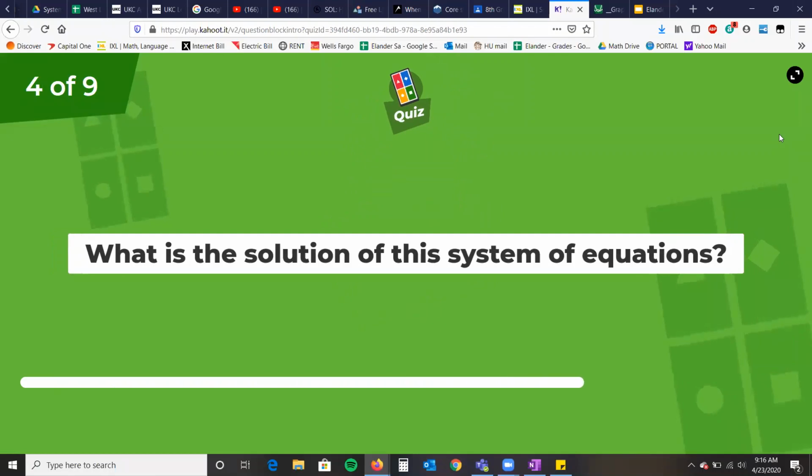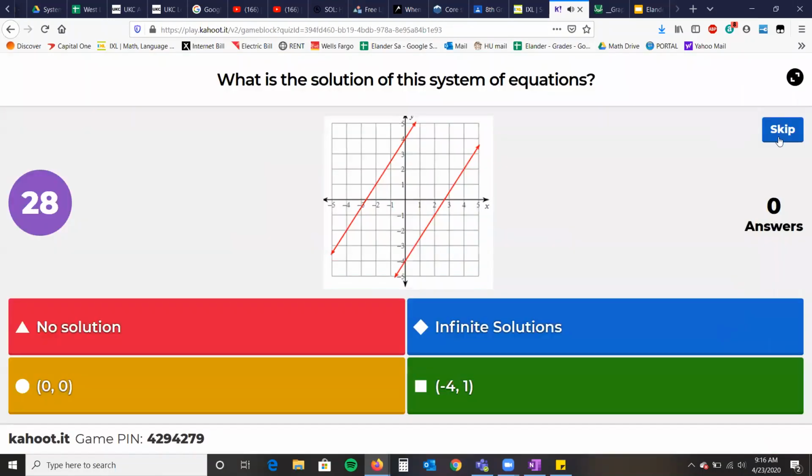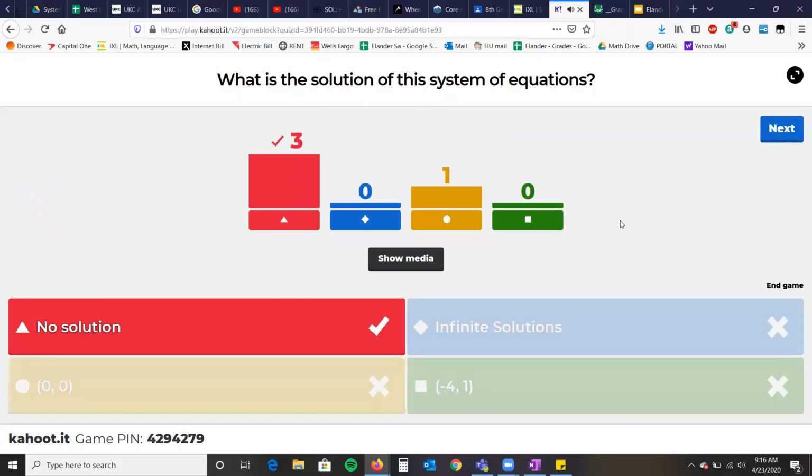What is the solution of this system of equations? So we got two lines, and it looks like they don't touch. So what would our solution be? Alrighty.